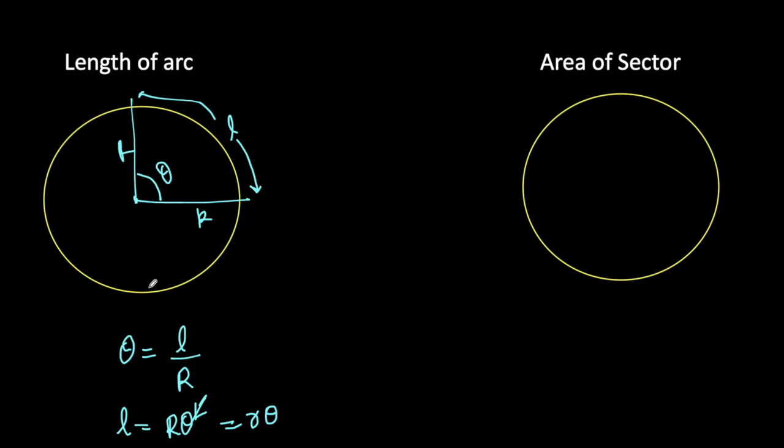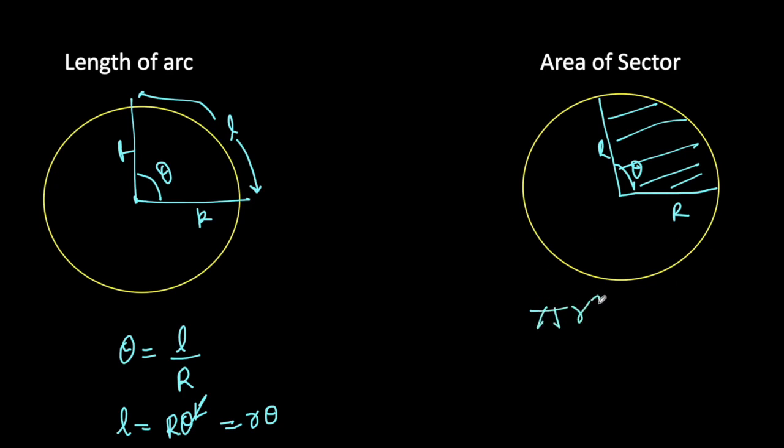Now we can also find the area of a sector. This was your r, this was your r, and somebody can ask you what is the area of this sector. For that, what was the total area of a circle? We know that the area of a circle is pi r squared. And what fraction of the angle have you taken?